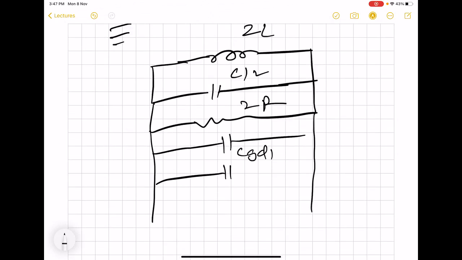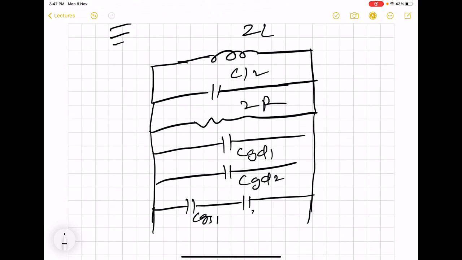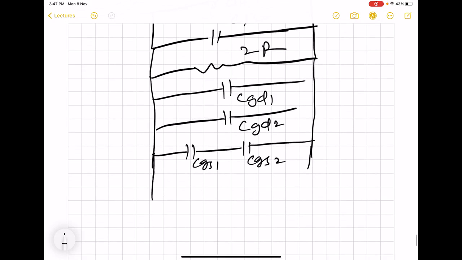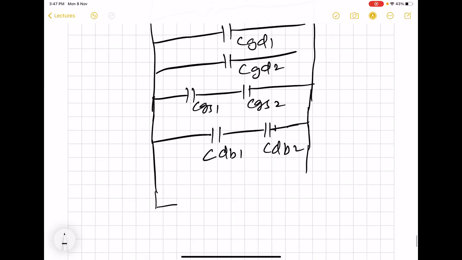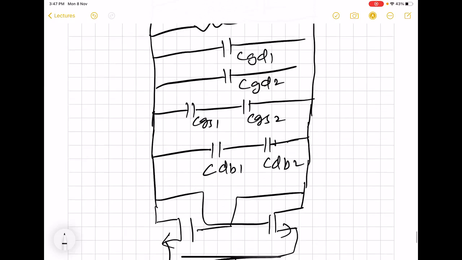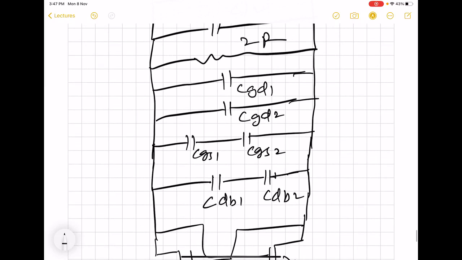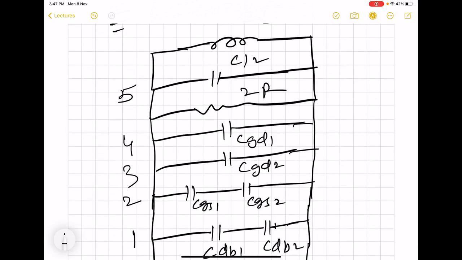Gate to drain 1, then gate to drain 2, then CGS1, CGS2, then CDB1, CDB2, and then we will have our MOS. Like this. So here we see that we have 1, 2, 3, 4 additional capacitors in parallel with the original C by 2.